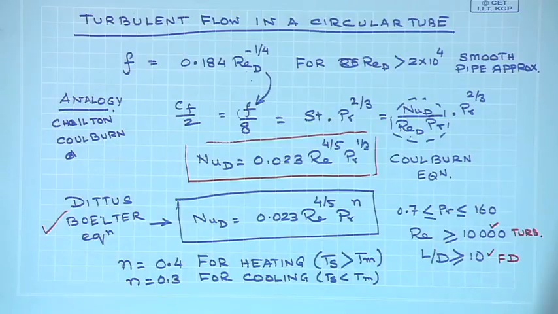Now, if you recall, I said that the mean temperature Tm is used to calculate the physical properties. When a fluid is flowing through a tube, the temperature will keep on changing, and if it is a case of heating, then the temperature will keep on increasing. So, the value of the thermophysical property will have different values at different temperatures.